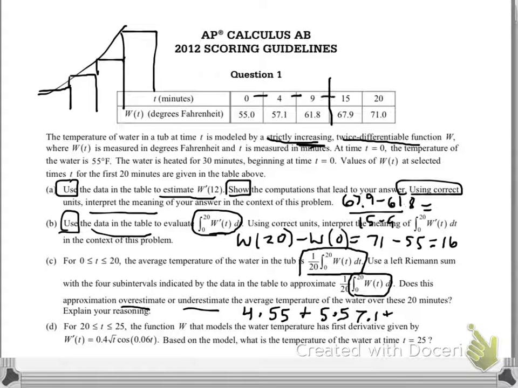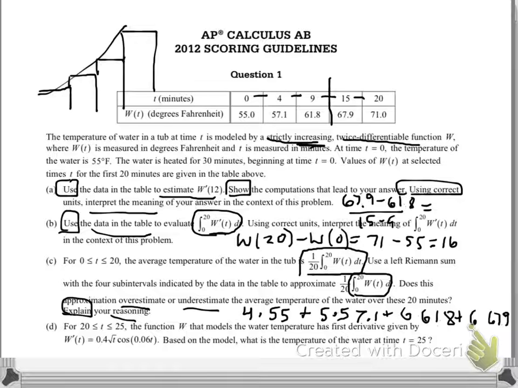The next interval would be 6 times 61.8, plus the last interval, which would be 6 times 67.9. And that you could add up and find out, and that would give you an underestimate of the value, because it says explain your reasoning. Your reasoning is it's an increasing function, so it would be an underestimate if you use a left Riemann sum. If it had been a right Riemann sum, it would have been an overestimate, because it's strictly increasing.